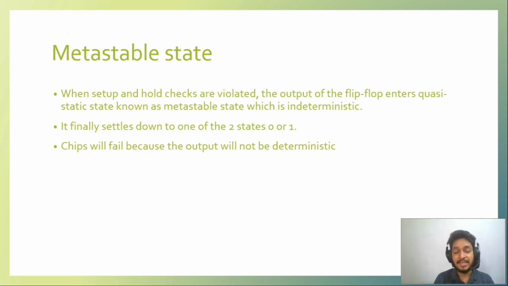But it is completely nondeterministic. We have no control over whether it goes to 0 or 1, which means the chip itself becomes nondeterministic. The output becomes nondeterministic, and it's very bad, and it destroys the chip. The functionality is completely destroyed.